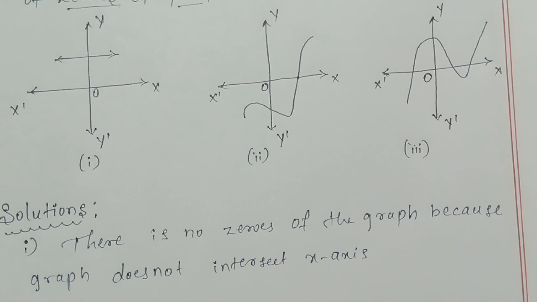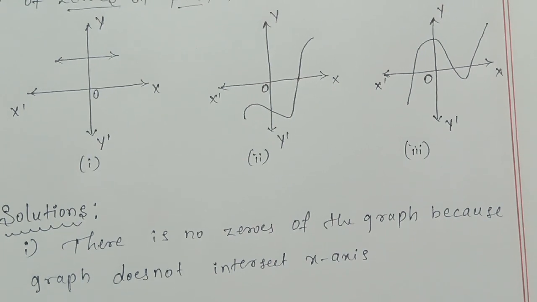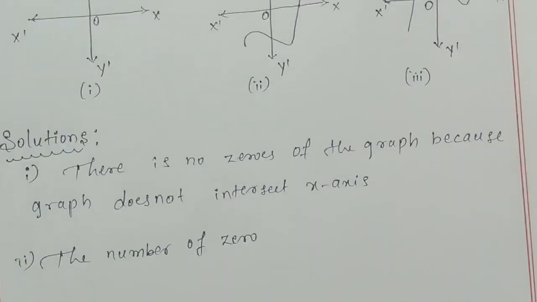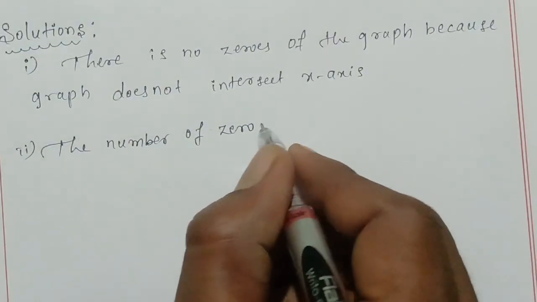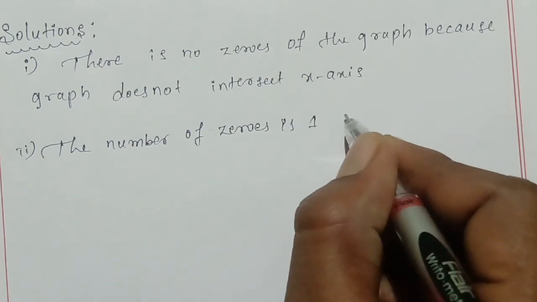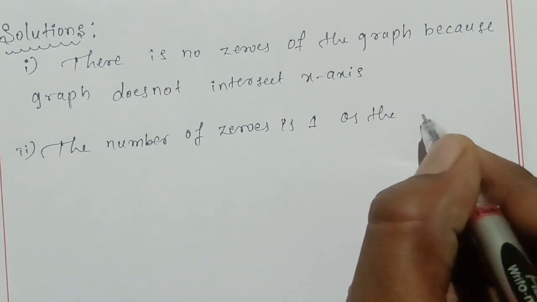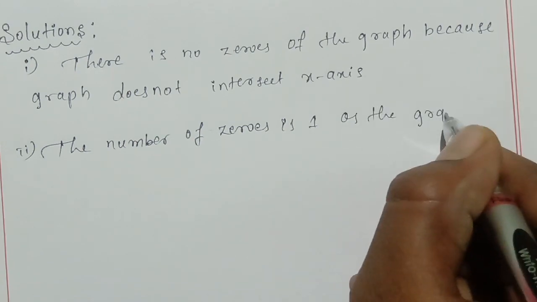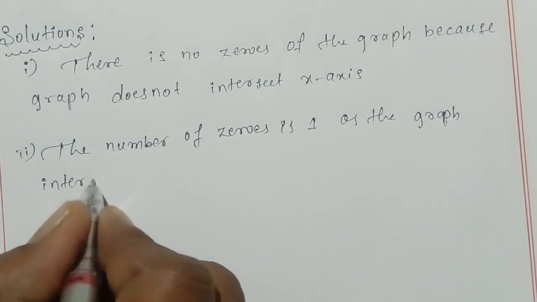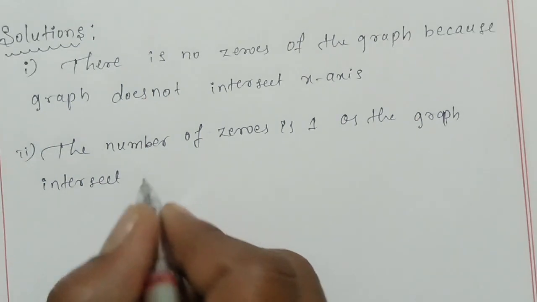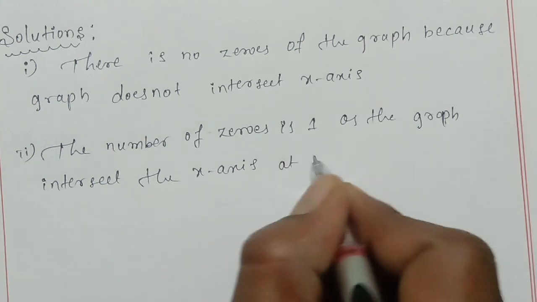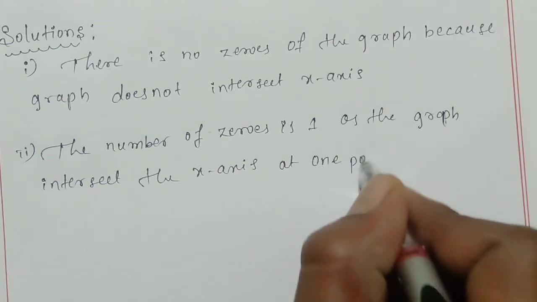So you can write here: the number of zeros is 1 as the graph intersects the x axis at one point only.